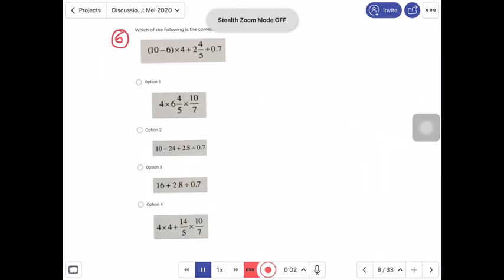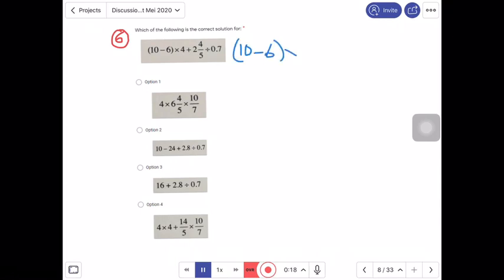Okay, again here we have a mixed operation. You have bracket, multiply, plus, and divide. So we have in the bracket 10 minus 6, and then multiply 4, and then plus 2, 4 over 5, then we have divide 0.7.